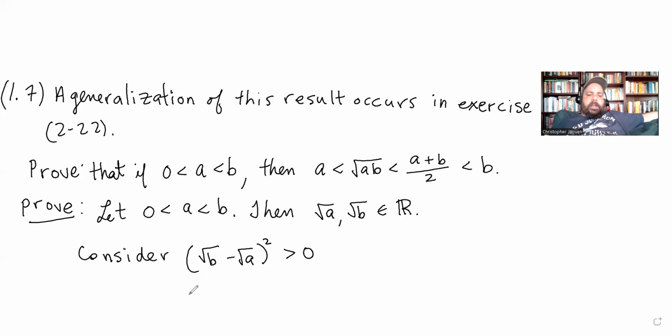If I multiply this out using the distributive law, we get B plus A minus 2 square root A square root B greater than 0.